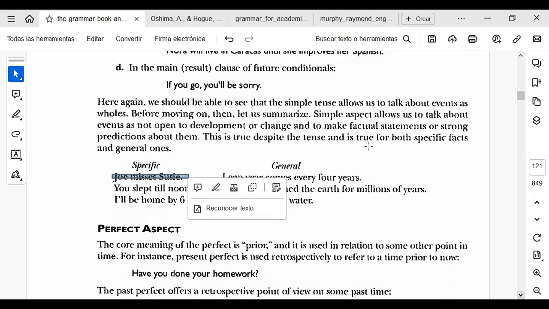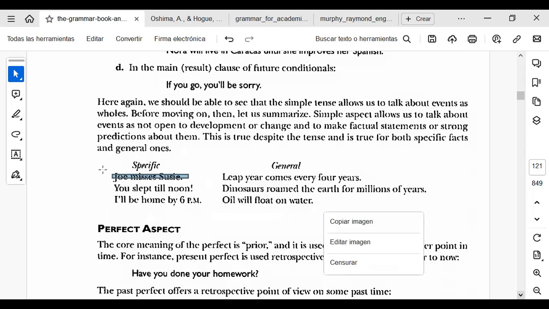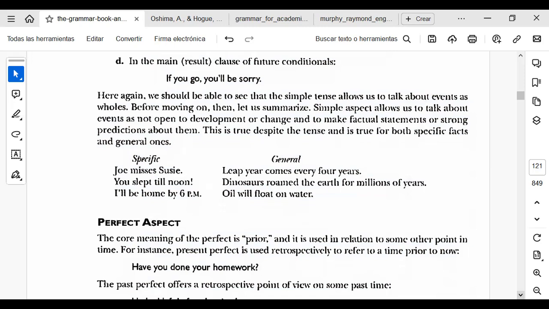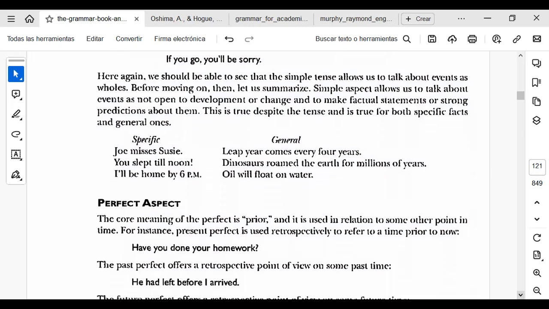This is true despite the tense, it proposes a specific. Simple aspect allows us to talk about events as not open for development or change, and to make a factual statement or strong prediction about them. Okay. So these are some examples of the uses of predictions.